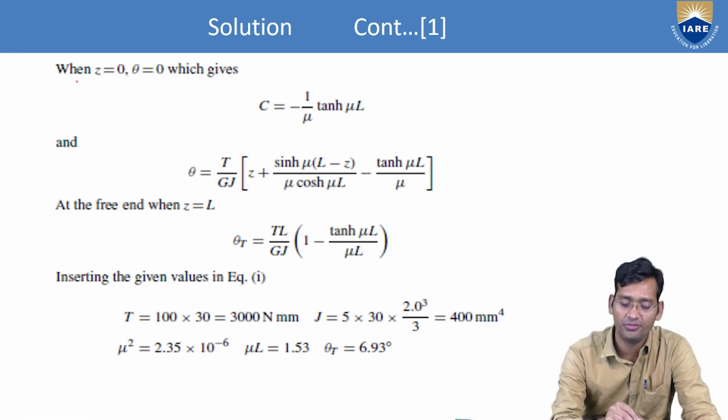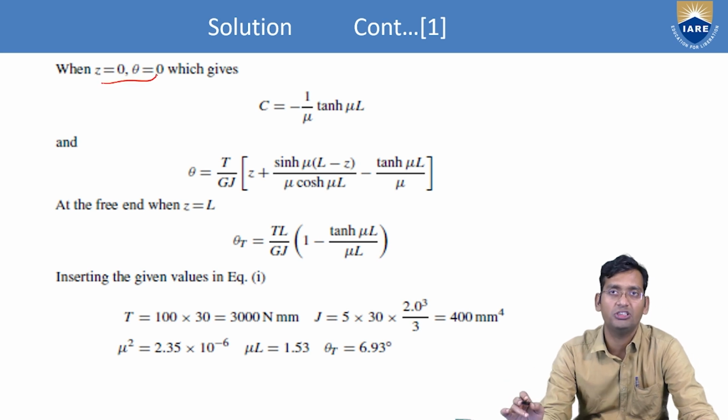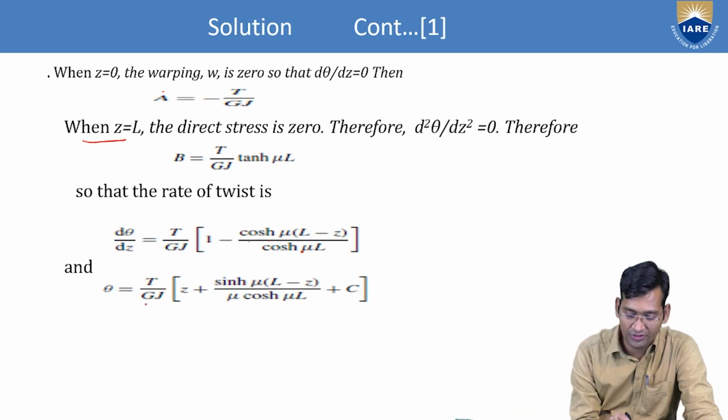So now the condition is what? When z is equal to 0, theta is equal to 0. Put here, when z is 0, theta is 0.